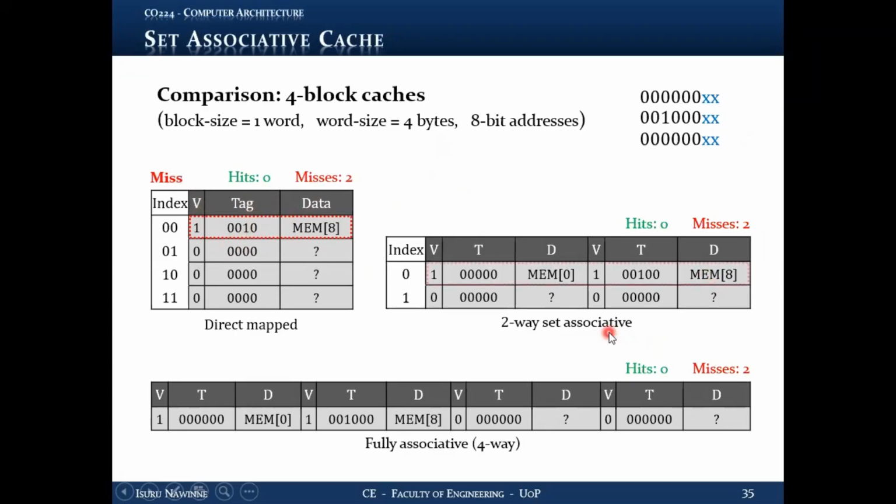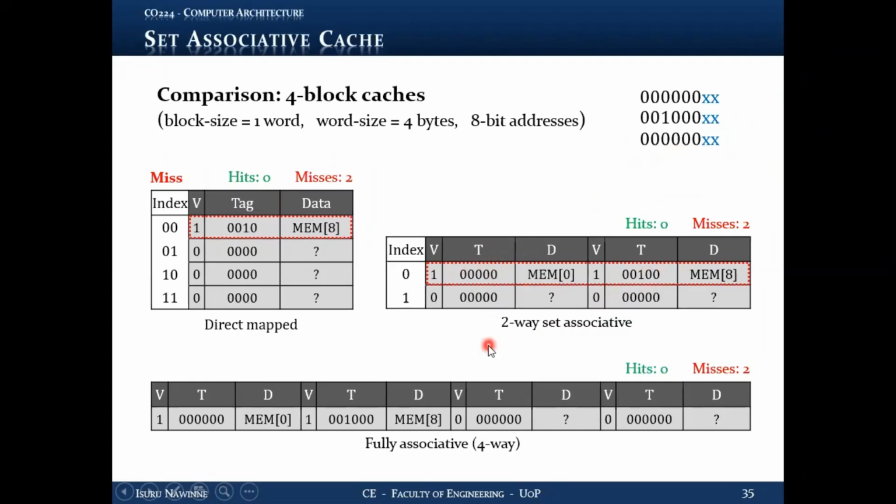And for the two-way set associative cache, the index is 0. At that entry, do we have a matching tag? Yes, right? 00000. Two parallel tag comparisons will be done with these two stored tags, and one of them will be a match, right? 5 zeros.